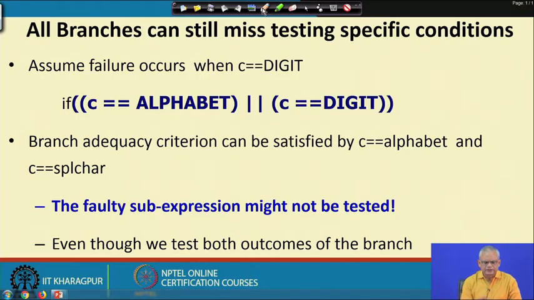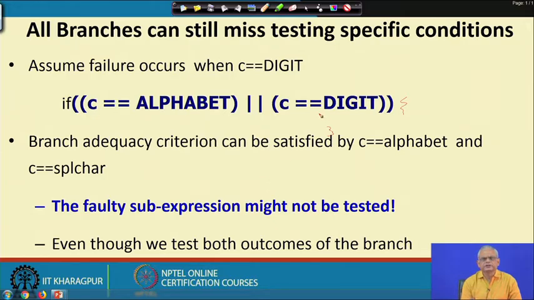Let us assume that we have a conditional statement, if C is equal to alphabet or C is equal to digit, where C is a character variable that we have read from the keyboard. We are checking if C is either an alphabet or a digit, and we are doing some special processing for that.